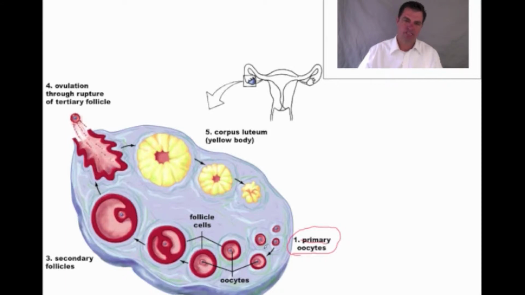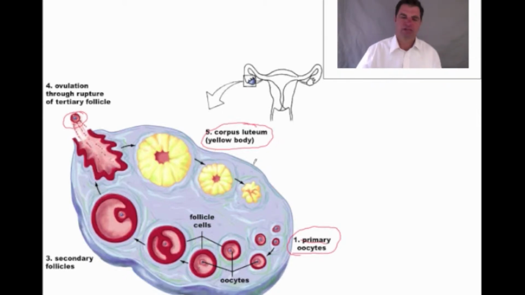And what happens is, under the hormone follicle stimulating hormone, I'll show you that in a second, a follicle develops, and during ovulation that follicle ruptures, that egg comes out, and can become fertilized by a sperm. The remaining cells of that follicle form what's called the corpus luteum, and the corpus luteum secretes hormones that keep the endometrium intact.